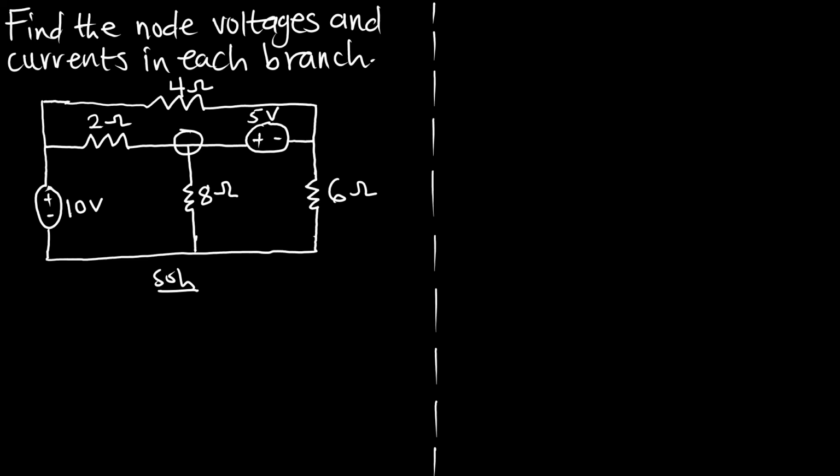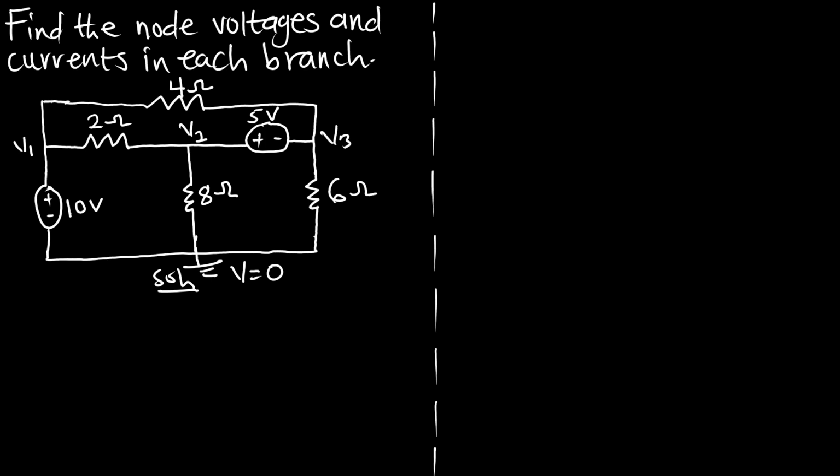I'll prefer to ground this part and make it the reference node, so the voltage here will be equal to 0. Now how many nodes do I have left? I have 3 other nodes, which I'll call V1 at node 1, V2 at node 2, and V3 at node 3.